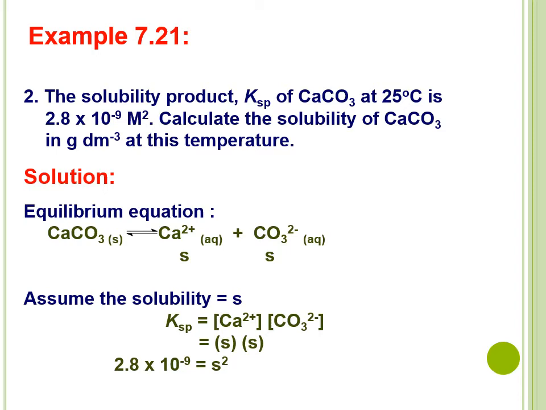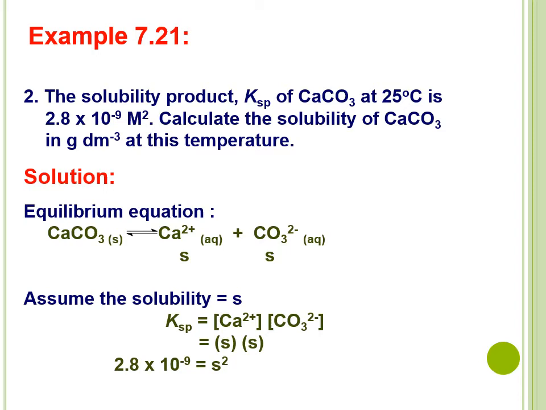Calcium carbonate solid dissociates reversibly to become Ca2+ aqueous plus carbonate ion aqueous. The stoichiometric coefficient is 1, 1, 1. So we're just going to use S, assuming the solubility is an unknown S there. So given is the Ksp expression. The expression will always give you 1 mark.